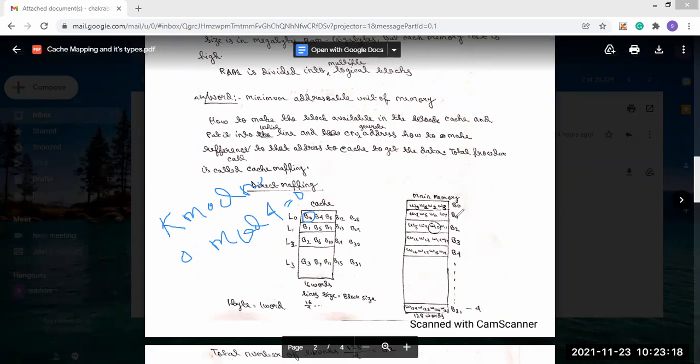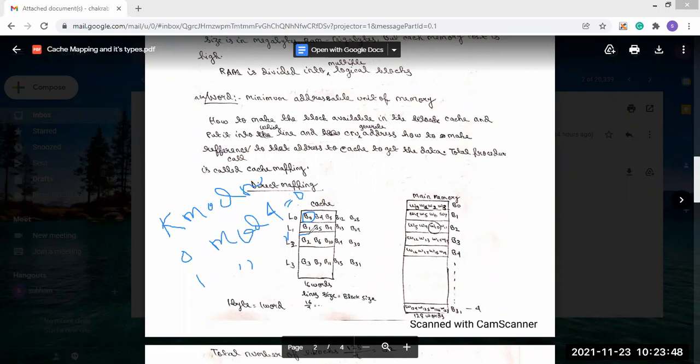Then the next block, B1. This is 1 mod 4. If we divide 1 by 4, what value do we get? We get the value 1. So block 1 will go to line number 1.